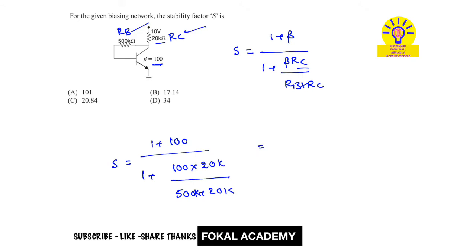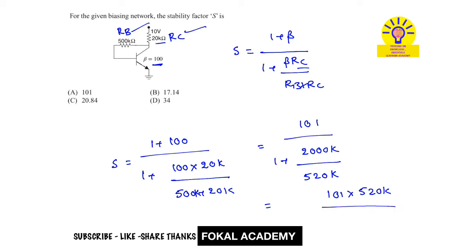So it gives 101 divided by 1 plus 2000k divided by 520k. Now take the LCM, then it becomes 101 into 520k divided by 520k plus 2000k.